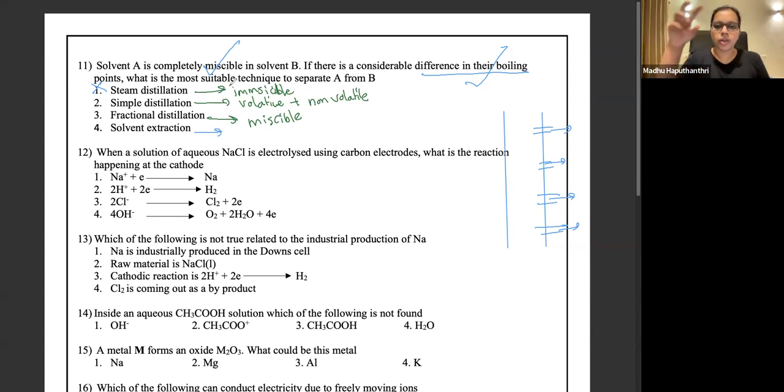So you introduce a second solvent in which our substance dissolves happily. When you shake it, our substance happily transfers to the next solvent, and thereby we can extract it. So those are the concerns. Then we have to go with fractional distillation.